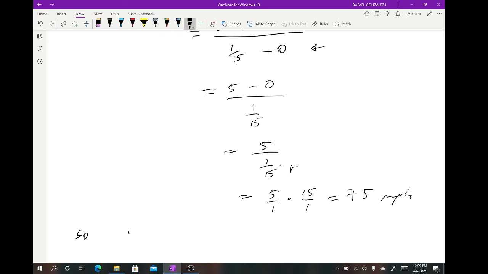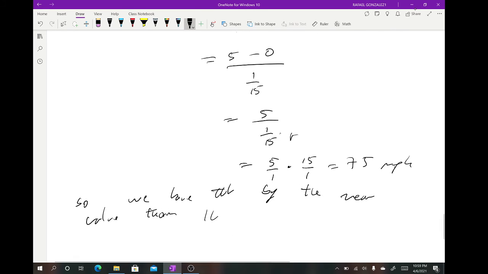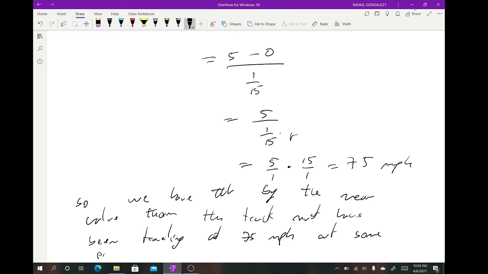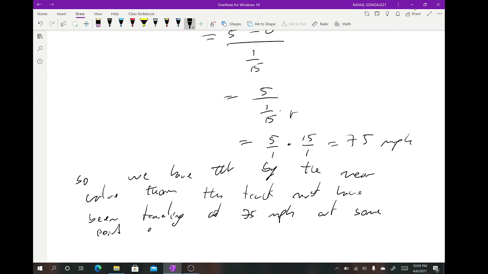So we have that by the mean value theorem, the truck must have been traveling at 75 miles per hour at some point during the 4 minutes.